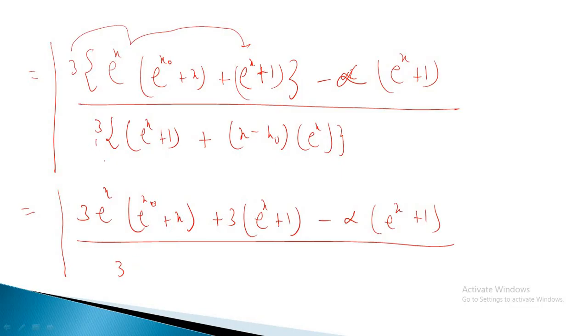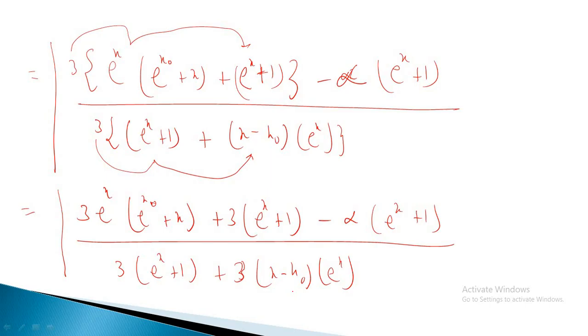Similarly, we can multiply this 3 with e raised to power x plus 1 and with this quantity. We'll get 3 e raised to power x plus 1 plus 3 times x minus x naught times e raised to power x.